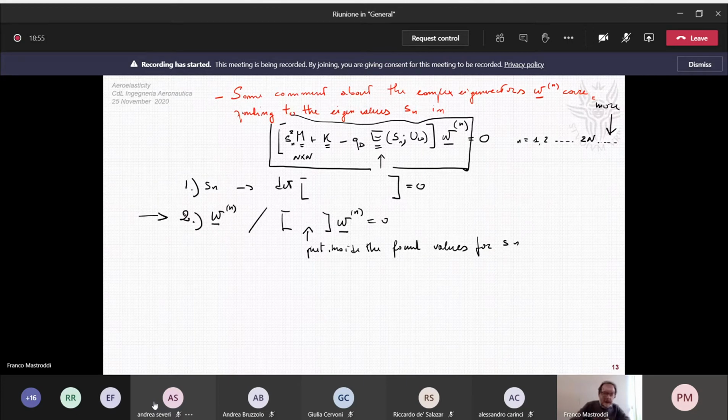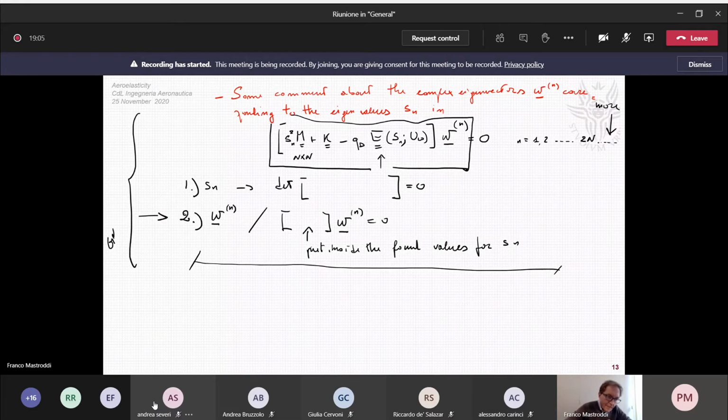Okay, so at the end of this generalized eigenproblem, we have these two quantities, W and Sn, and we can build the free time response of our system to initial conditions.